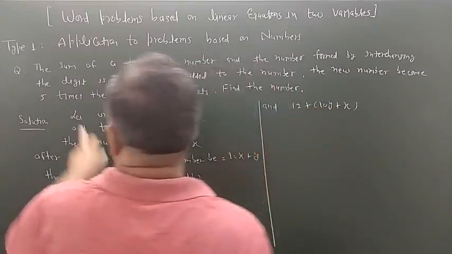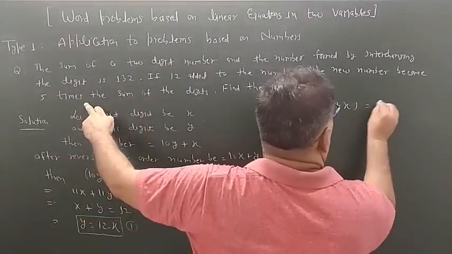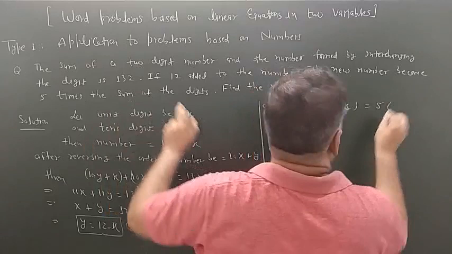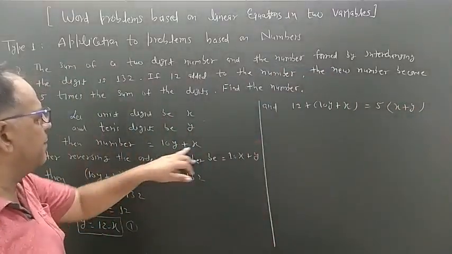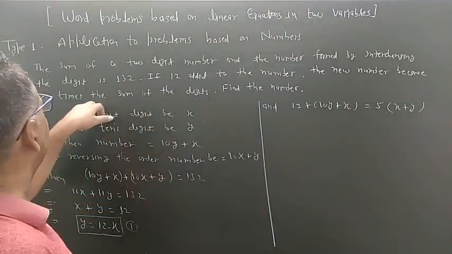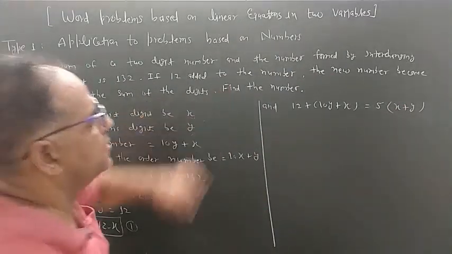This becomes 5 times the sum of the digits, that means x plus y.